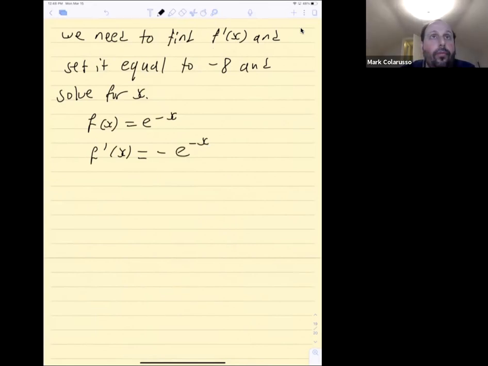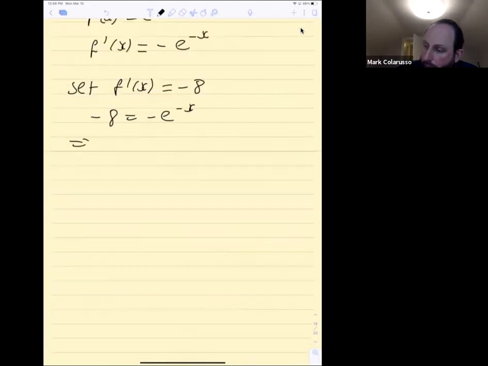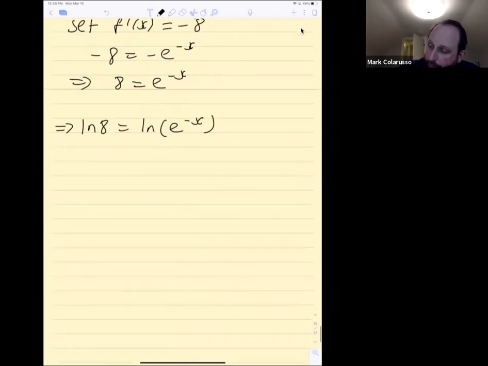So set f prime at x equal to -8, and you get -8 equals minus e to the minus x, and you get 8 is equal to e to the minus x. Cancel the negatives. Now you take ln of both sides. ln 8 is ln of e to the minus x. And so you get minus x is ln 8, and so x is minus ln 8.